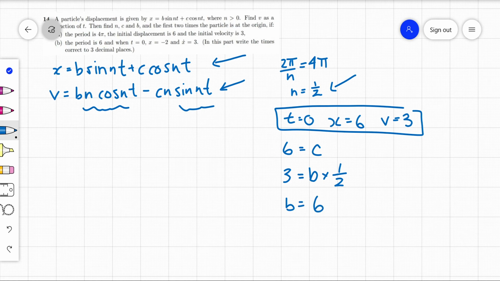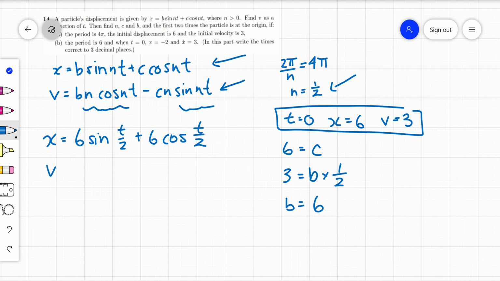All right, so if I put everything back into the x and v equations, x must be 6 sine t on 2. What's c? C is also 6, so I'm going to get 6 cos t on 2.